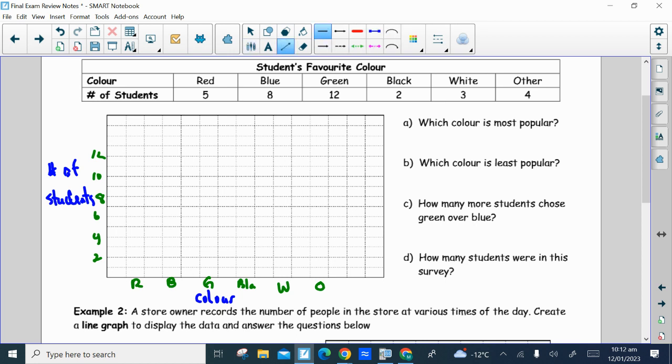And now we're going to create bars for each color corresponding to the number of students that chose that as their favorite color. For example, for red, 5 students said that was their favorite color. So we have to draw a bar that tall, 5 students. Blue was 8 students.